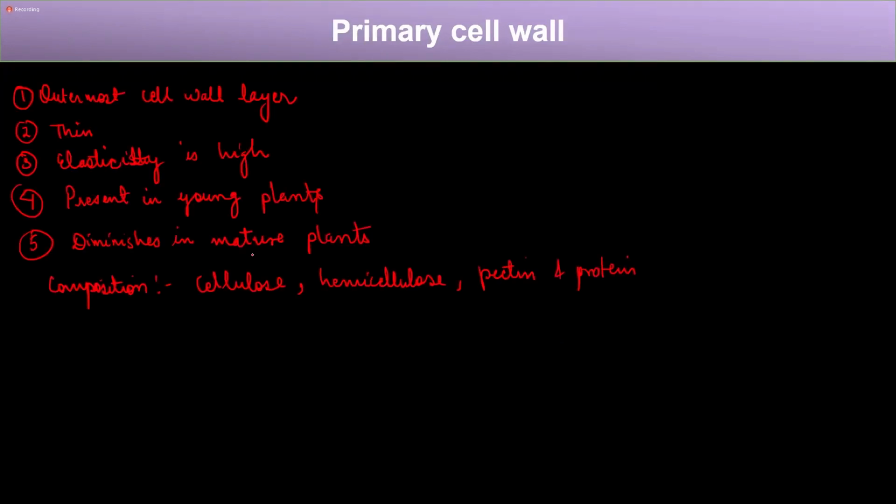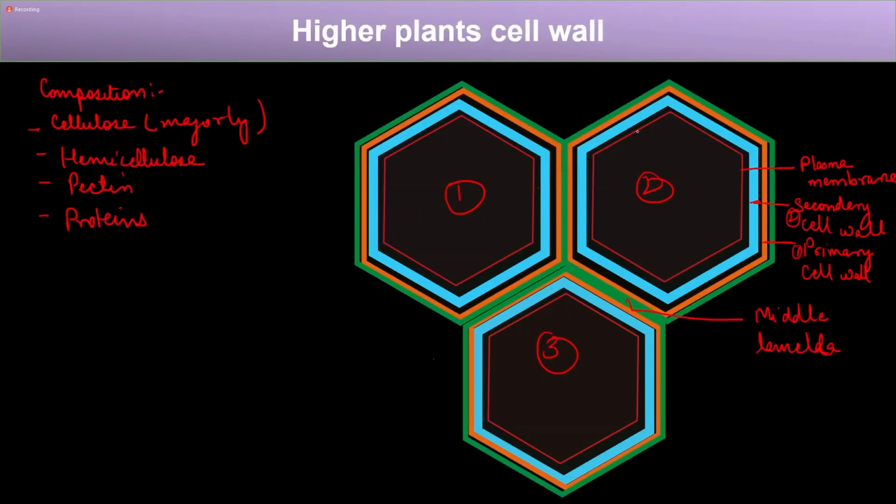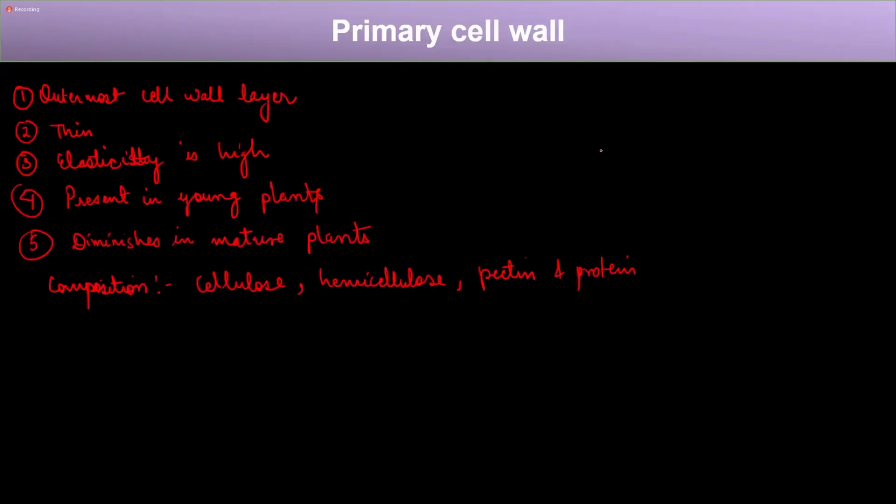Now the second thing is secondary cell wall. If you see, the secondary cell wall is next to the plasma membrane and it is thick, right? So what you can write about the secondary cell wall is where it is present. It is present between the plasma membrane and the primary cell wall, right?